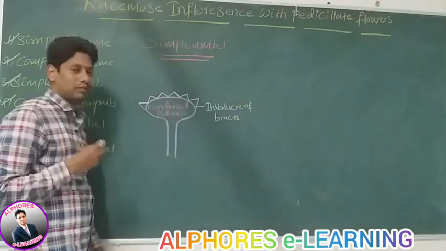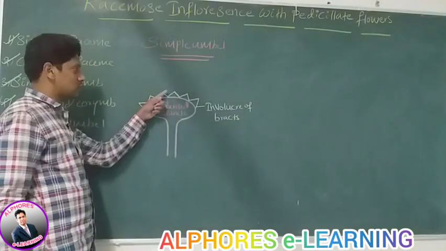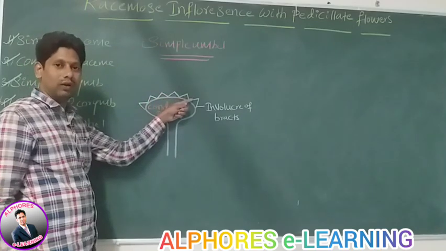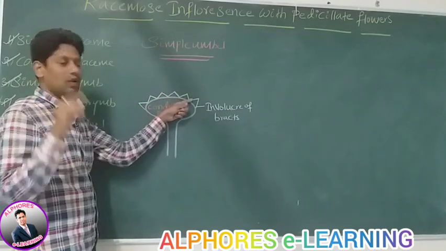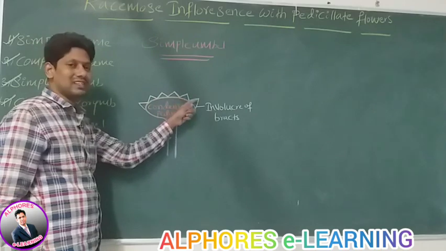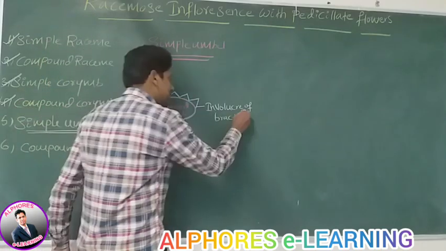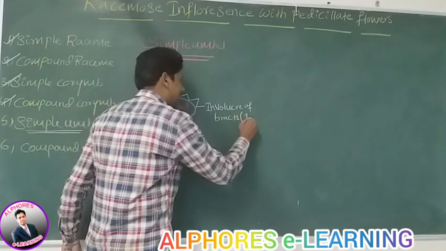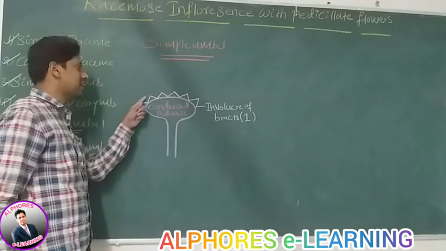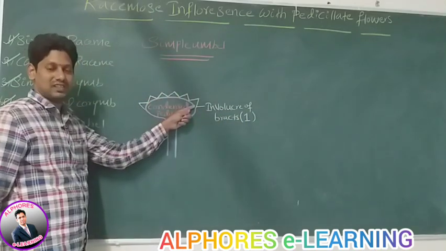See this diagram. All these bracts together form how many whorls? One whorl. It means only one involucre of bracts is present.